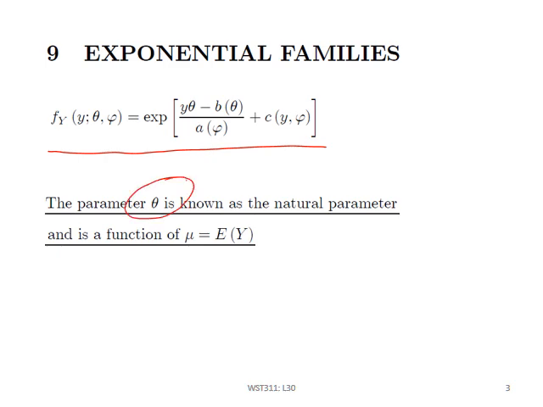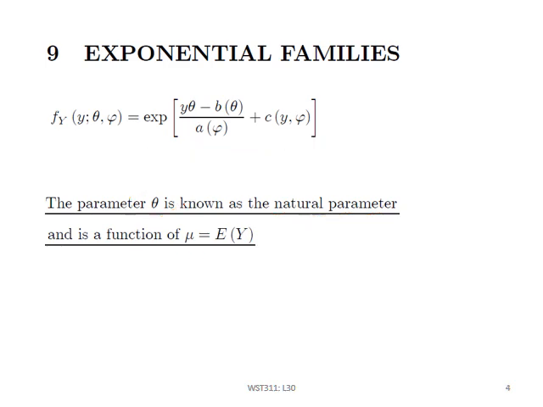Theta is known as the natural parameter of the exponential family, also called the canonical parameter, and we will see that the expected value of the random vector is actually a function of this natural parameter theta.